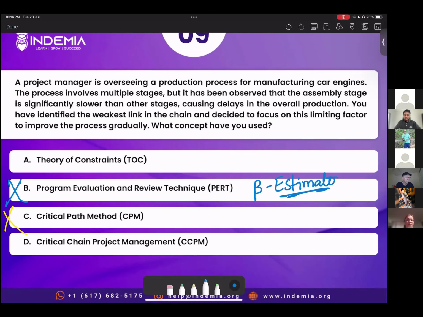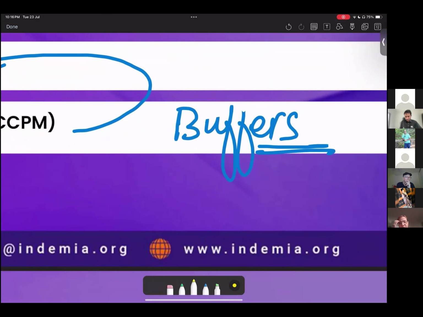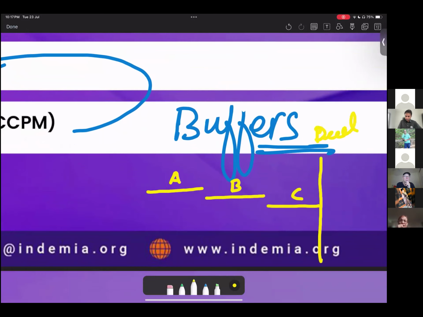Critical chain project management or critical chain method. This is similar to CPM, but in this method, we use buffers, right? So I have explained this in one of the Q&A sessions. Let me quickly explain it. For example, let's suppose you have an activity A, an activity B, an activity C, and this is your deadline, right?